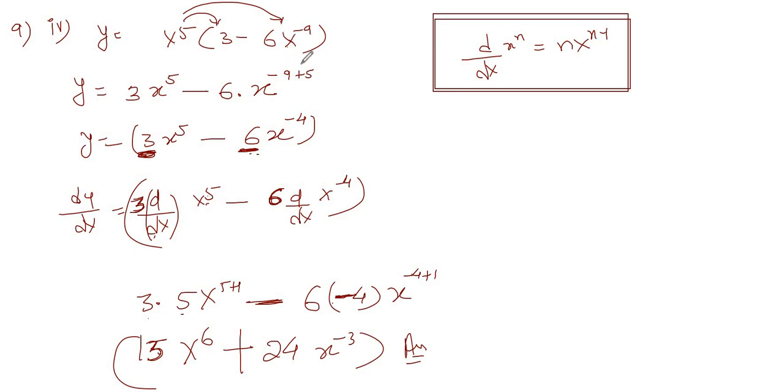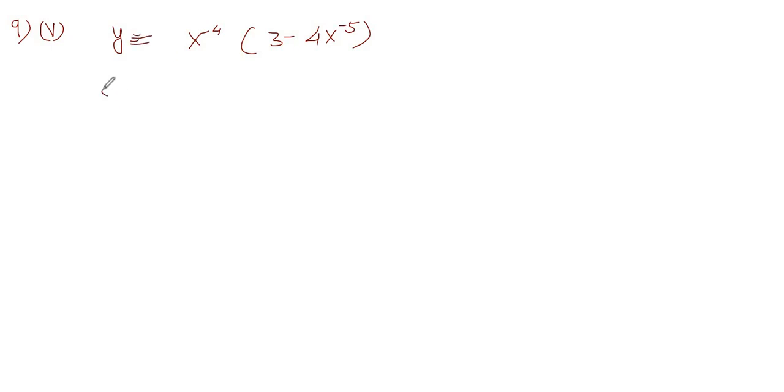I hope you are doing it. Next question. This is pretty simple, so I will go a little fast. This is x raised to power minus 4, so I can take it inside: x raised to power minus 4 minus 4 into x raised to power minus 9, because minus 4 and minus 5 is minus 9.